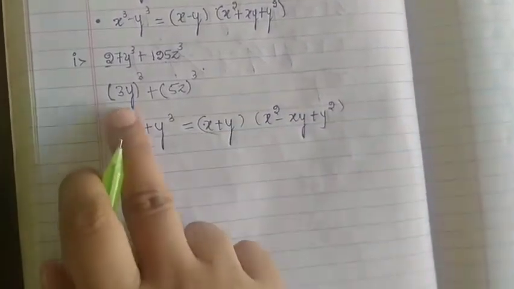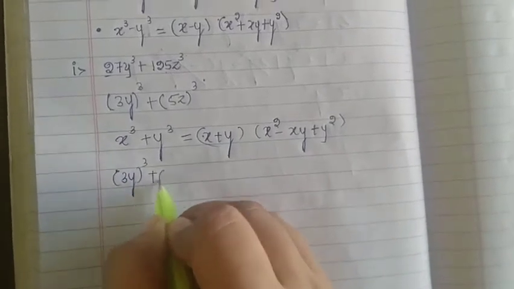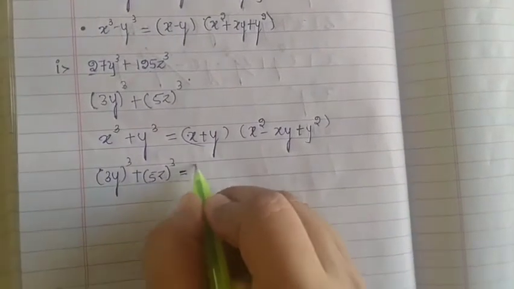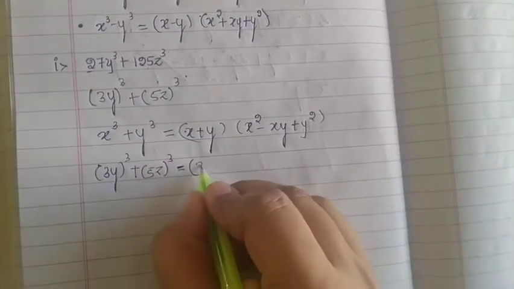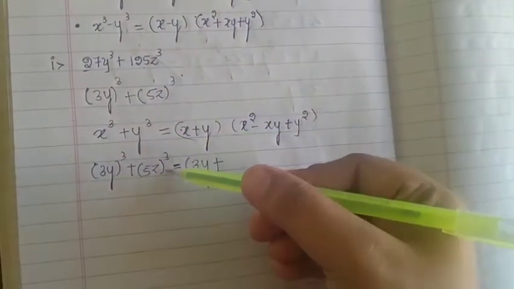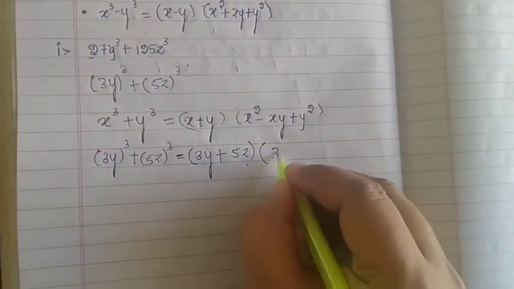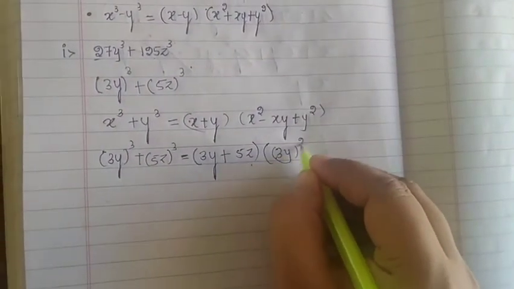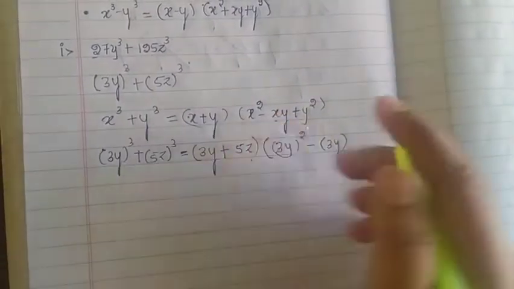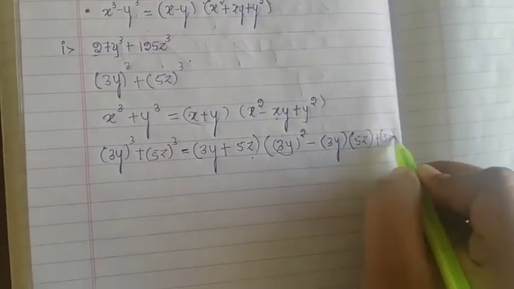In place of x we have 3y, and in place of y we have 5z. So this will be equal to (3y plus 5z) into ((3y) the whole square minus 3y into 5z plus (5z) the whole square).